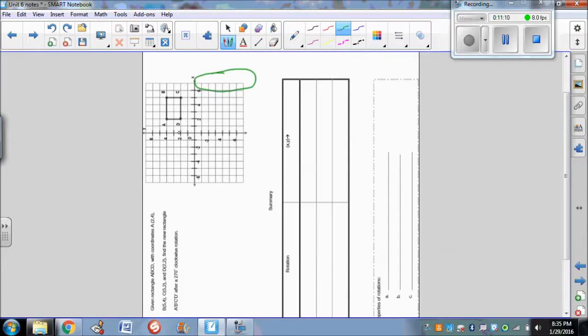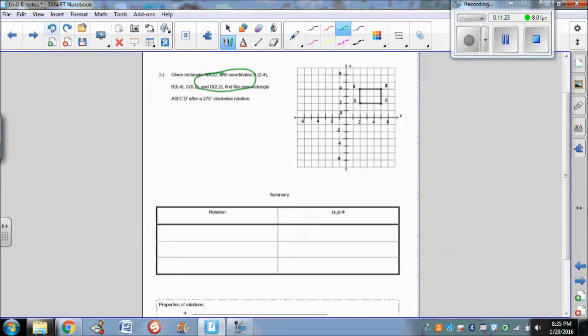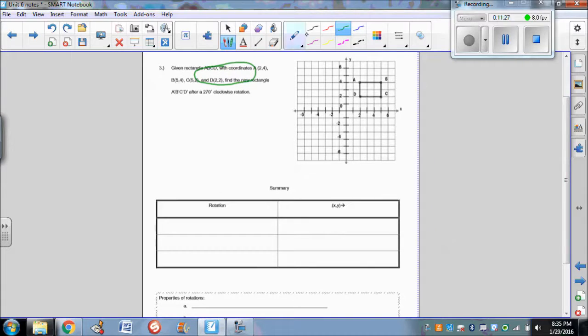C prime, -2, 5. And D prime, -2, 2. Okay, so go ahead, turn your paper back to the proper direction, and transfer those points from your scrap paper onto your notes.